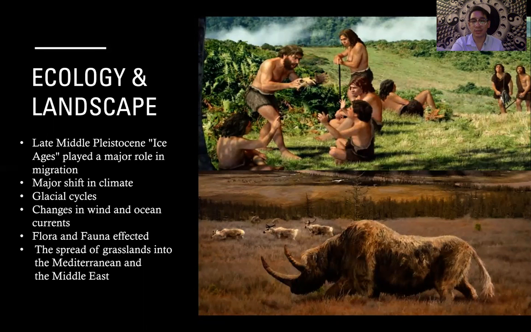Additionally, since there was a lack of vegetation, wild game became more scarce for hunting and scavenging. Moreover, the spread of African-like grasslands moved into the Mediterranean and then the Middle East, causing African grassland animals to migrate into the Middle East.